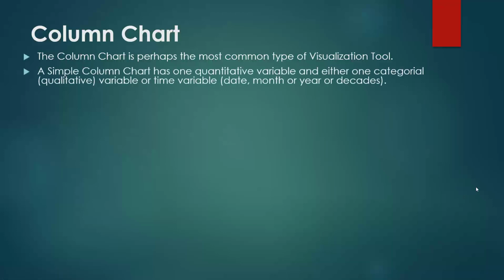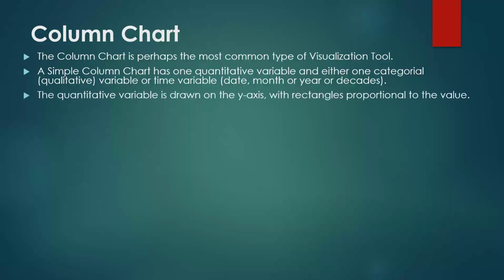A simple column chart has one quantitative variable and either a categorical variable or a time variable. The one quantitative variable goes on the y-axis with rectangles proportional to the value. Those are the columns. The categorical variable or the time variable, one of the two, goes on the x-axis.